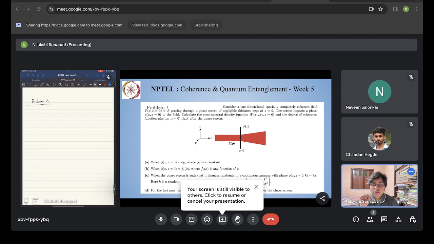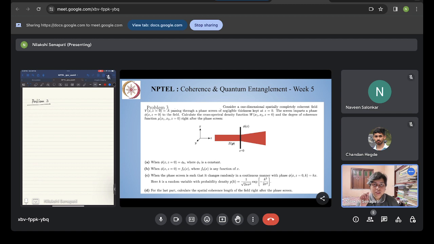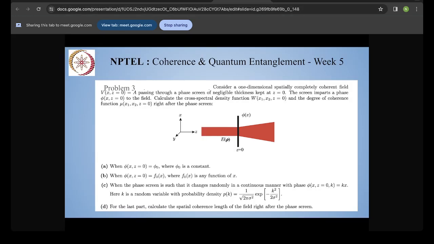All right, so the next question, it is saying consider a one dimensional spatially completely coherent field V(x, z equal to 0) at this plane, which is A, passing through a phase screen. That means this screen is adding some phi x phase, of negligible thickness, kept at z equal to 0. The screen imparts a phase to the field.